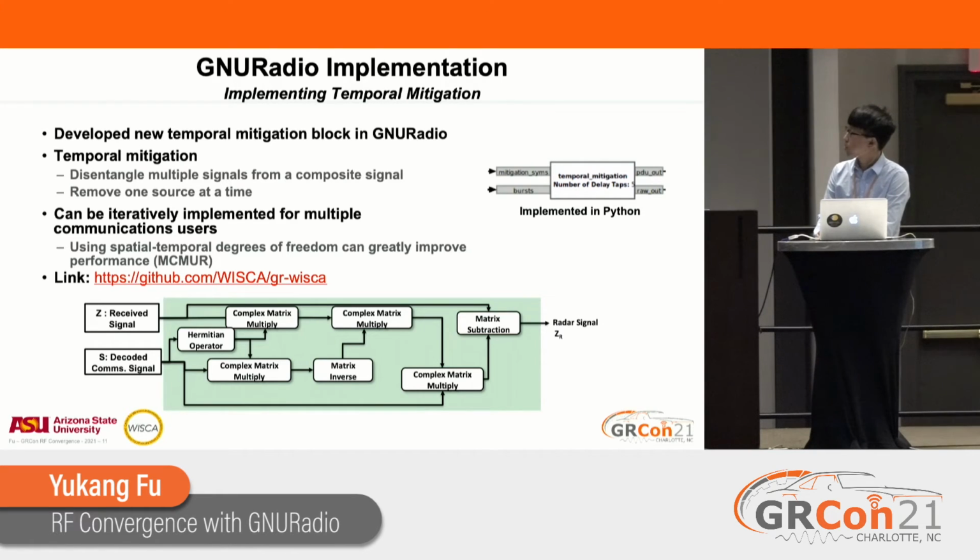It can be iteratively implemented for multiple communication users by using the spatial temporal degrees of freedom. It can greatly improve the performance of a multiple channel, multiple user receiver. And here's a link which contains our work down below.